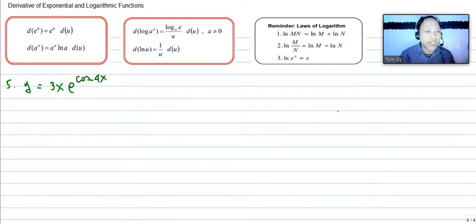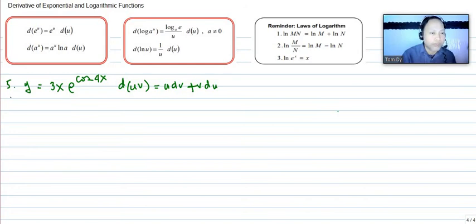This is an algebraic function, and this one is an exponential function. So again, we cannot apply this formula directly, but we have to use first our derivative of uv, which is equivalent to u dv plus v du.